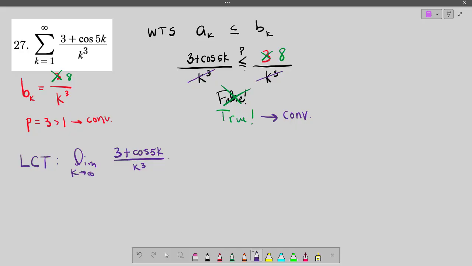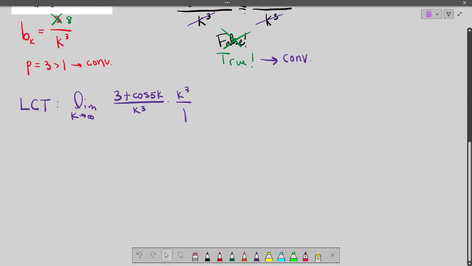And we're going to divide by b sub k, so that means multiply by its reciprocal. So I'm just going to go with the original b sub k that we picked. It's a sub k over b sub k. So there's the a sub k. That doesn't change.